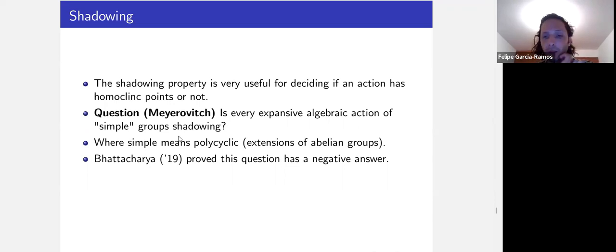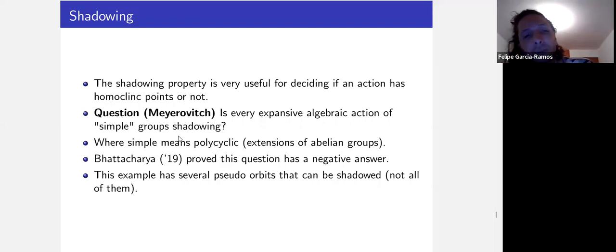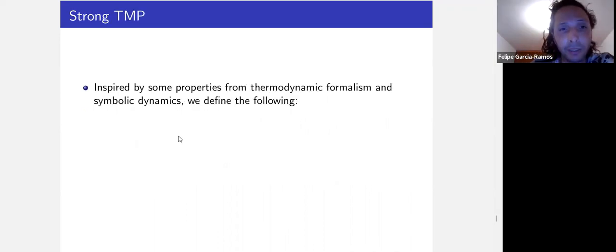We checked this example, and it has several pseudo-orbits that can be shadowed. Not all of them can be shadowed, but we realized that it almost had the shadowing property.